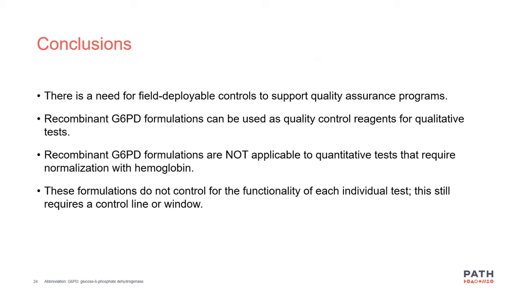And these formulations do not control for the functionality of each individual test. As Germana's pointed out, to know that the test is functioning, we do need to see a control window or a control line. So these controls do not make up for that. But what would be optimal would be to have an external quality control like the lyophilized recombinant G6PD, as well as a control line.